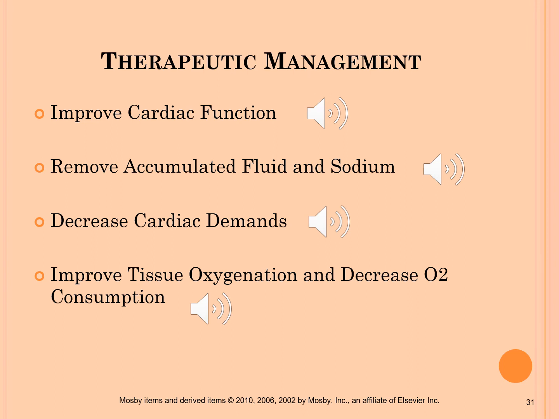Our next goal is to remove accumulated fluid and sodium. So for your blank, remove accumulated fluid and sodium. By doing that, we're going to decrease our preload. Our diuretic of choice that we give kids, furosemide, or brand name Lasix. So furosemide is our diuretic of choice.